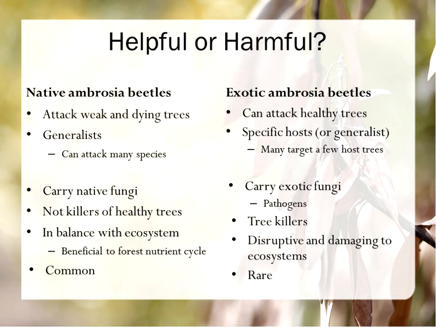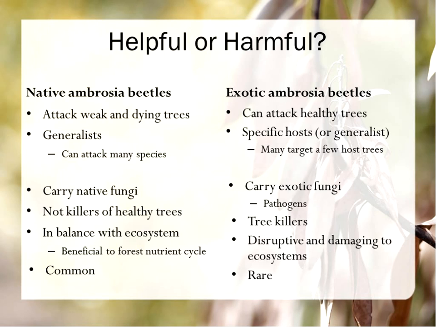And again, it's just balance. It's similar to all native and exotic organisms. The native ones tend to be more in balance with the ecosystem, where these exotic ones, again, are tree killers. They disrupt ecosystems. There's no natural enemies. So that's how you can get these exotic animals causing a lot of damage in these forest systems.